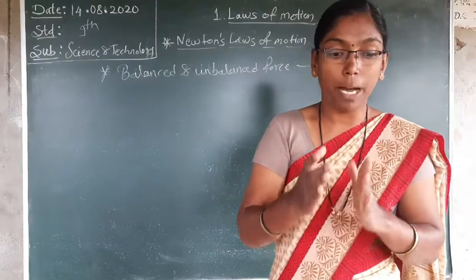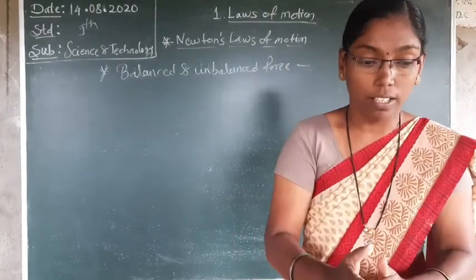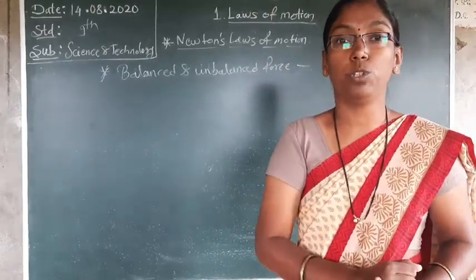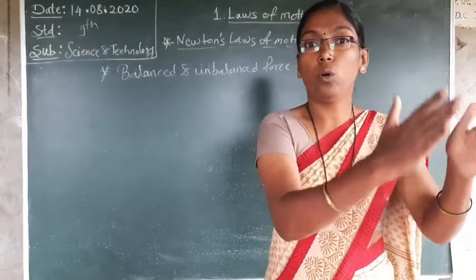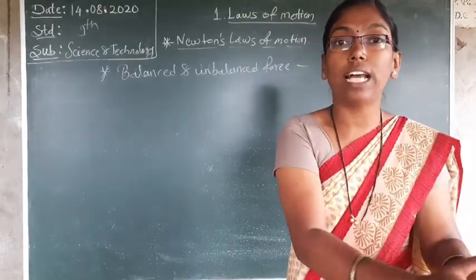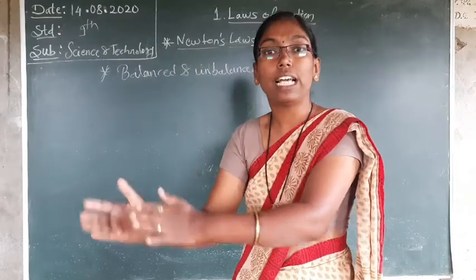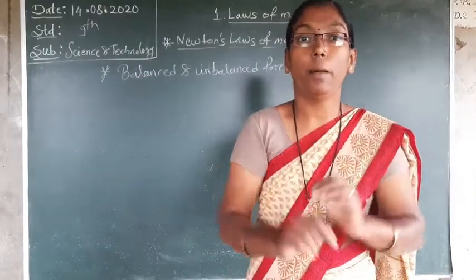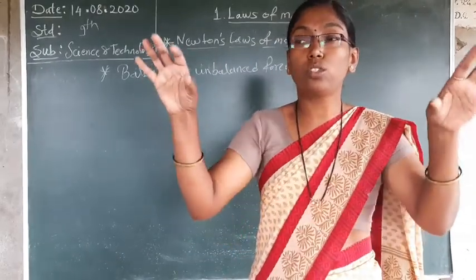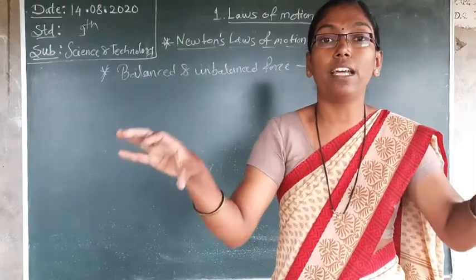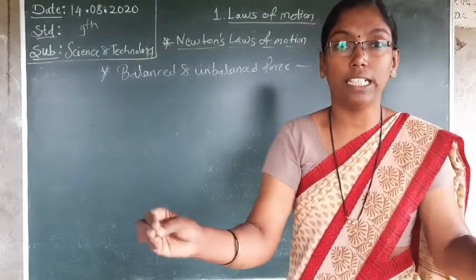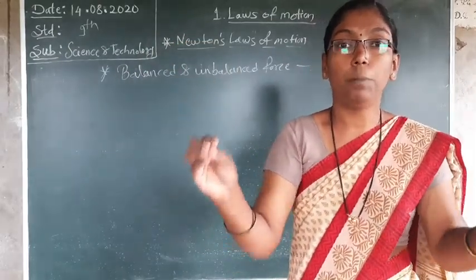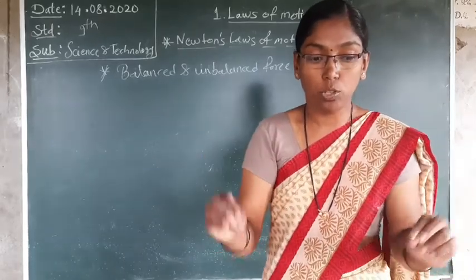Force applied by both sides being equal is balanced force. How? 5 students at one side and 5 students at the second side, then it is balanced, because a total of 10 students apply force at the same level on both sides. So balanced force will be there.